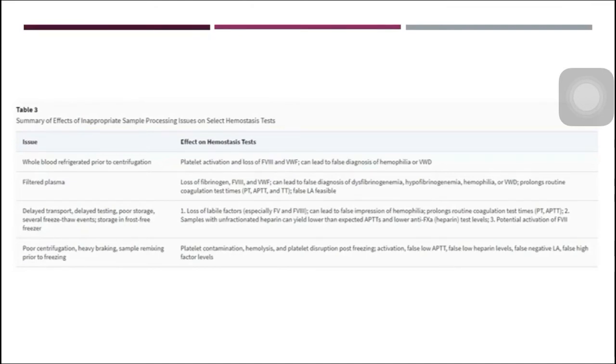So this may lead to false diagnosis of dysfibrinogenemia, hypofibrinogenemia, and hemophilia. At the same time, it prolongs the coagulation test times. And of course, delayed transport, delayed testing, or poor storage may induce loss of labile factors, especially factors 5 and 8.